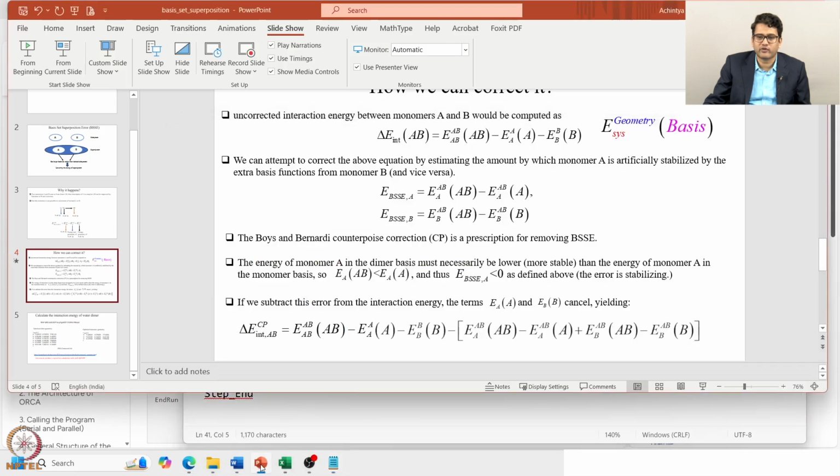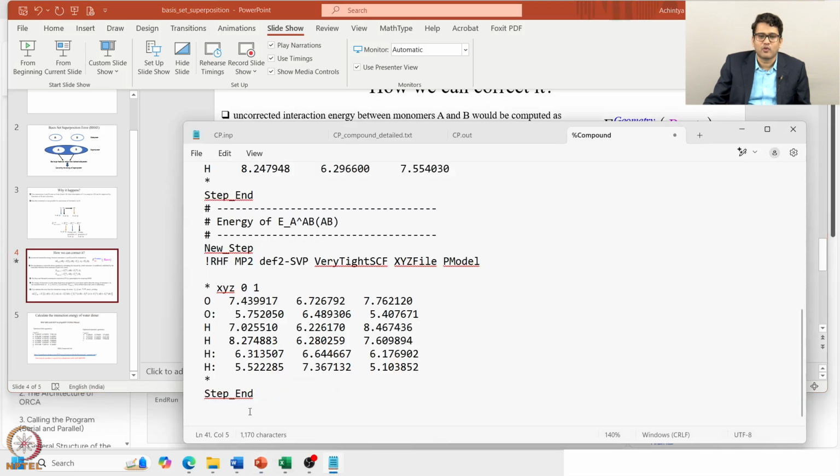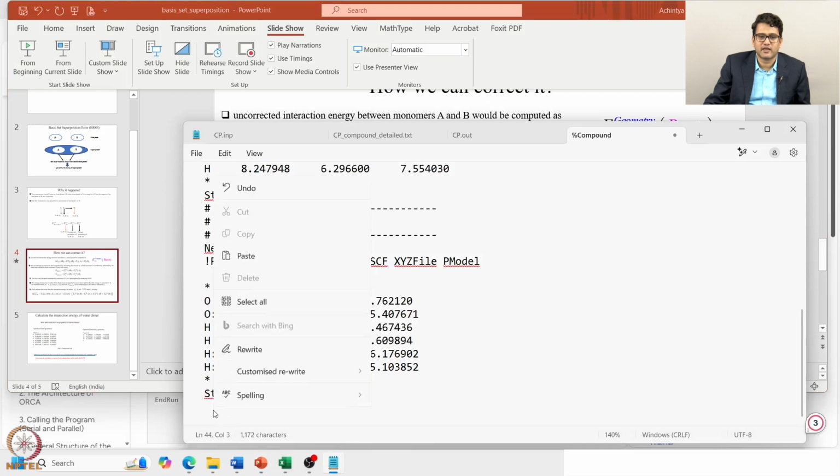So, the next thing I would require is energy of A at the geometry of AB, but now without the basis set of B. So, I will again paste the same thing.